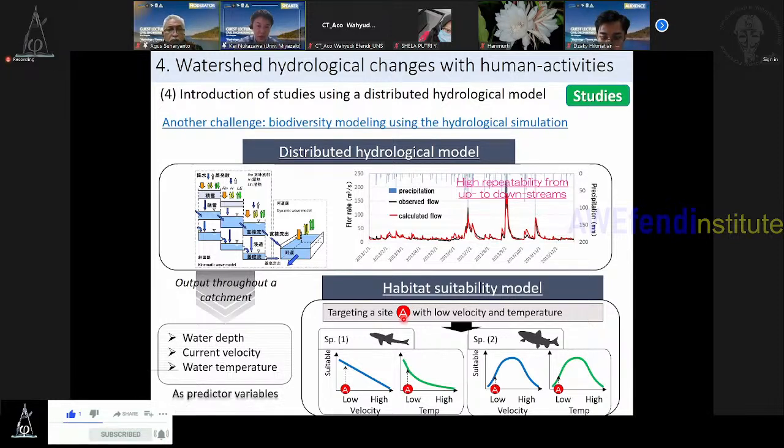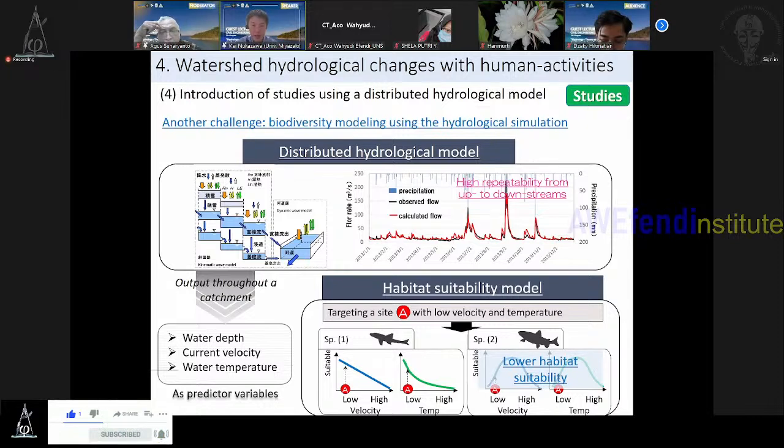For example, if targeting a site A with low velocity and low temperature, the output of the hydrological simulation can be used as the predictor variables for this habitat suitability model.